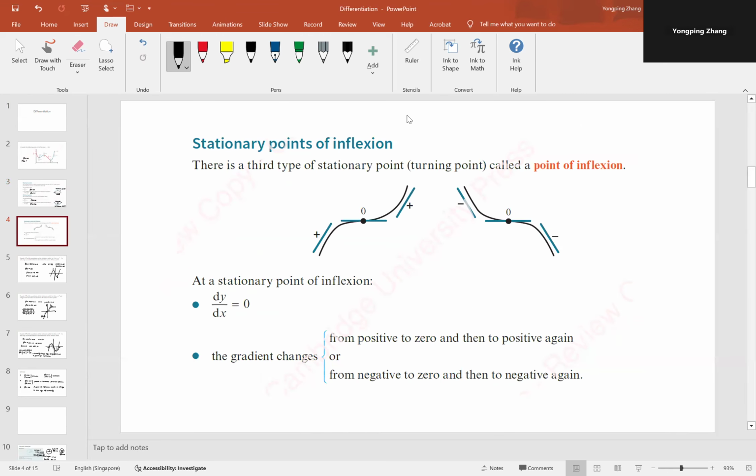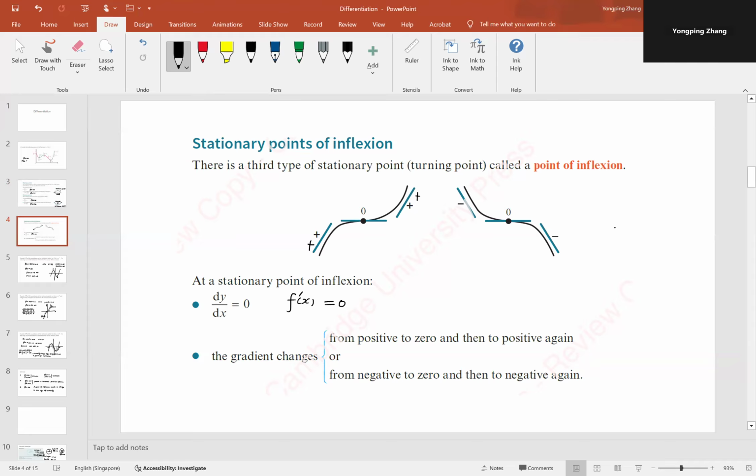For the stationary point of inflection, we can see that the gradient is positive on this side and also positive on that side, so the first derivative equals 0. The gradient goes from positive to 0, then to positive again.